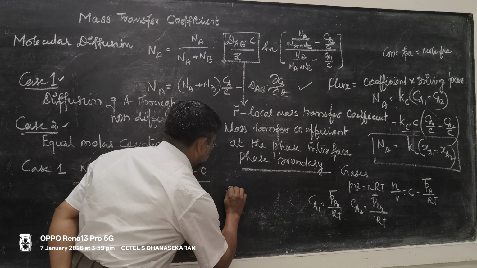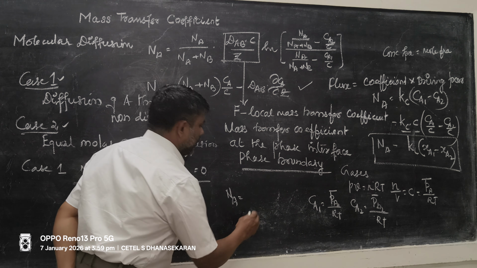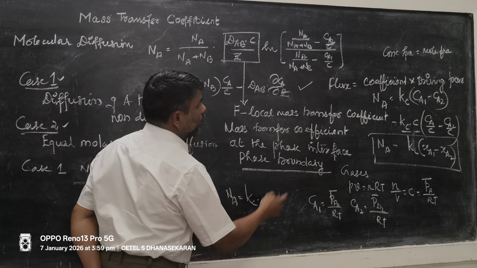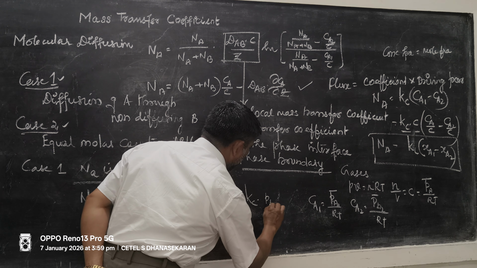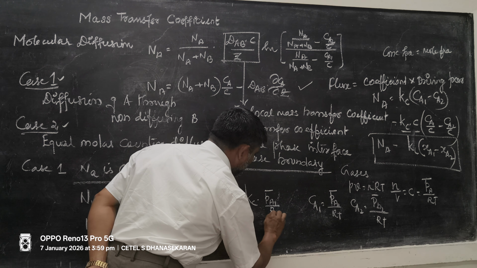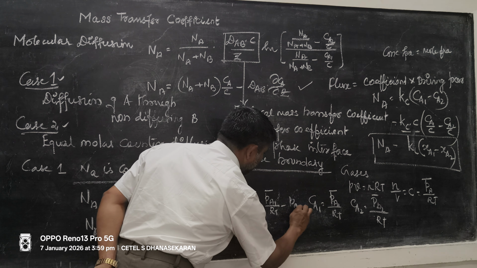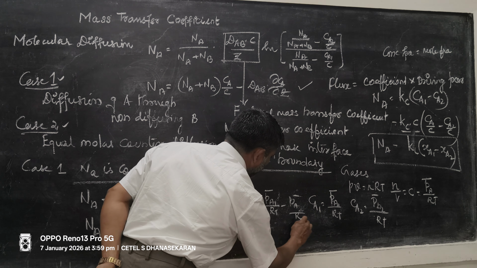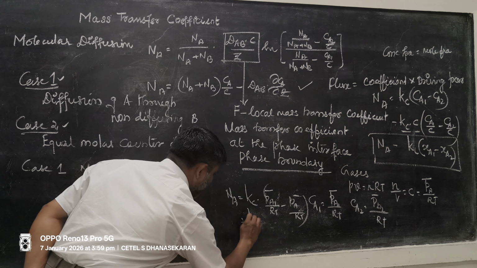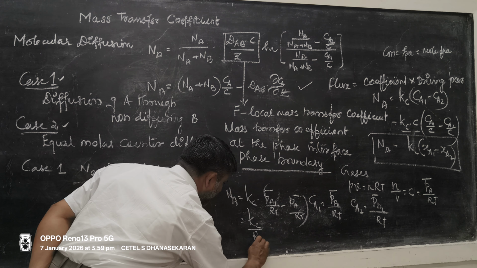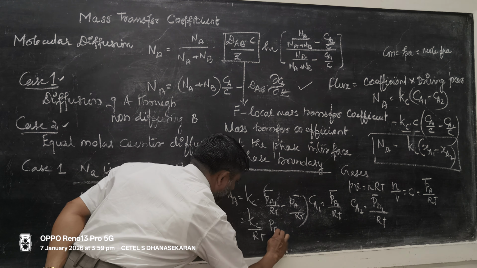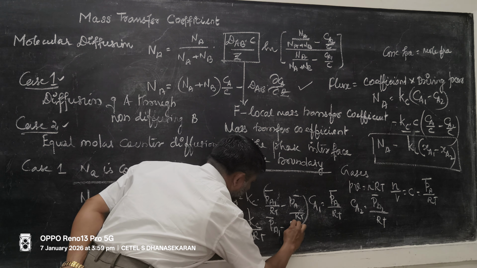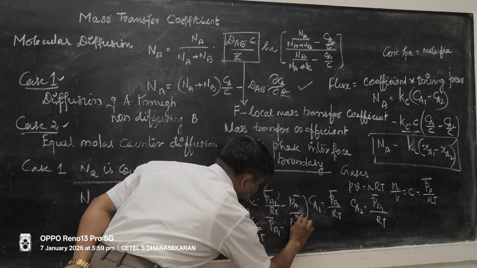Clear? So NA is equal to Kc into, what is the CA1? PA1 bar divided by RT minus PA2 bar divided by R into T. So Kc divided by R into T into PA1 bar minus PA2 bar.